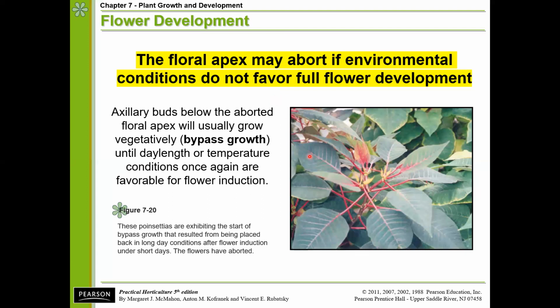So in this example for poinsettias, this image shows a poinsettia that started to get into flowering, but maybe the temperature wasn't right, or maybe that photoperiod wasn't correct for long enough. And so it basically reversed its process, and that meristem reverted back to vegetative production. So everything has to be right in order to make it work.